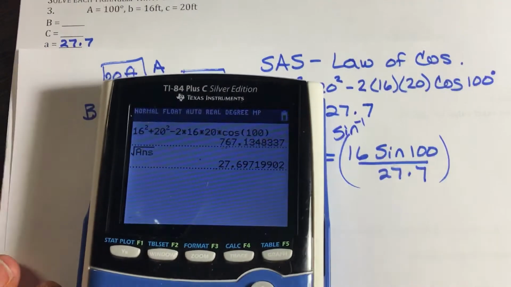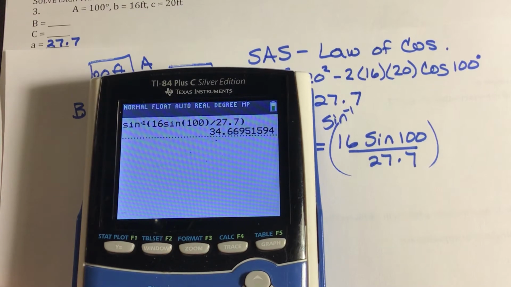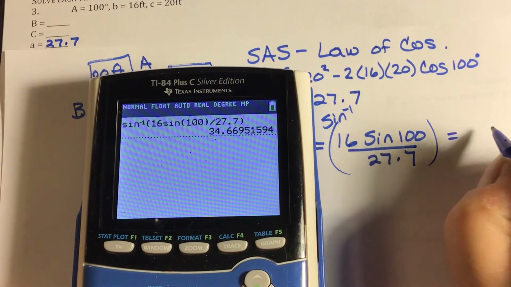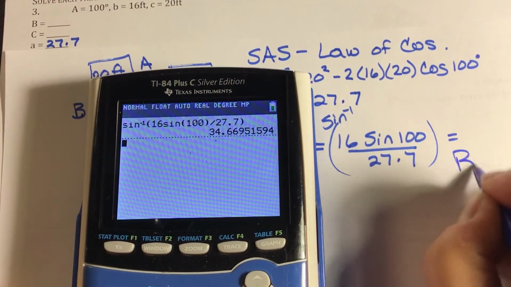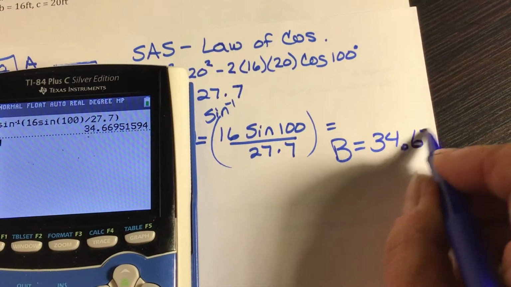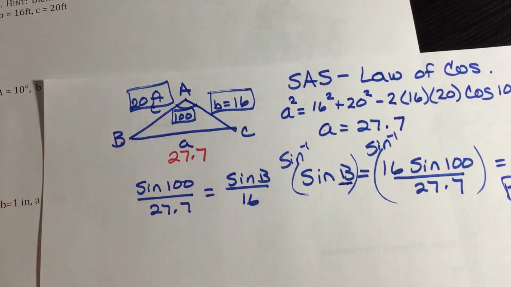So on my calculator, I'll do inverse sine of 16 sine 100, and then divide that by 27.7. And my angle measure is 34.67. So that's angle B is 34.67. So I'm going to put that here.